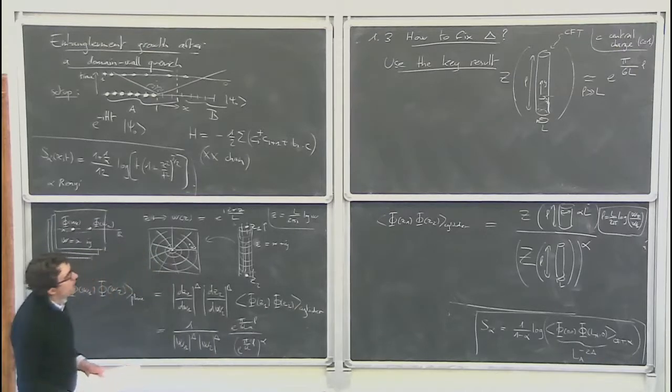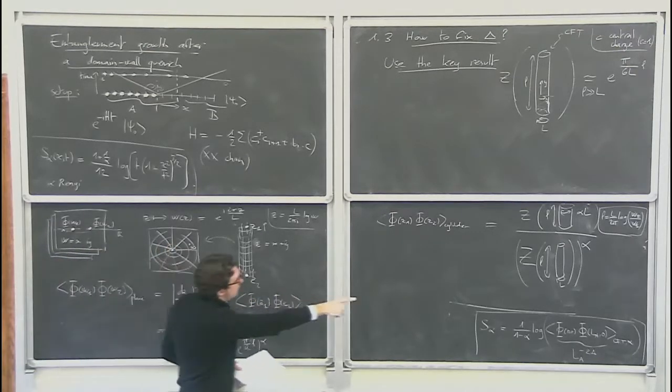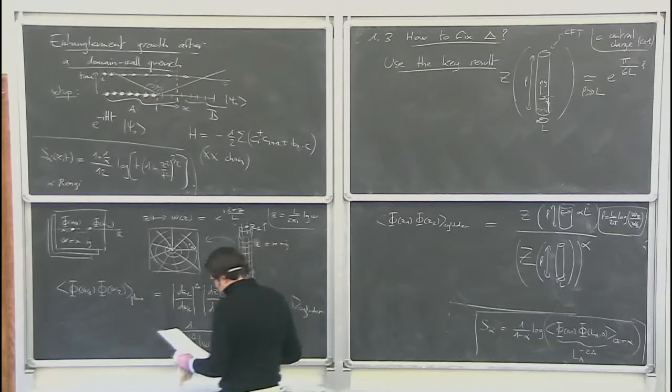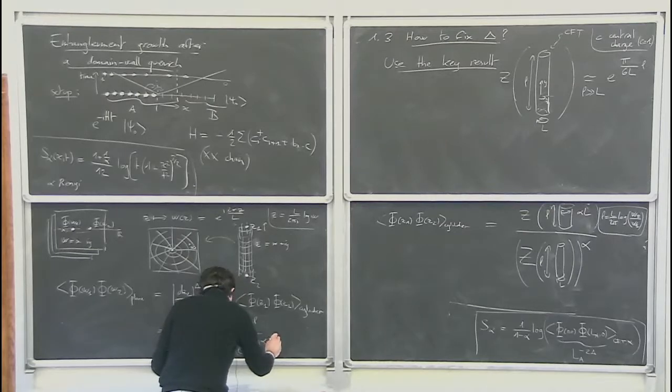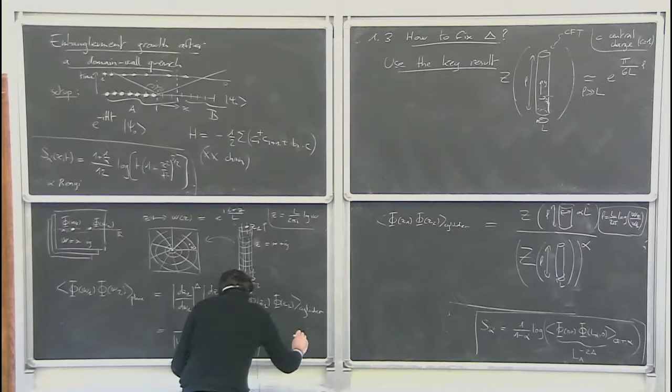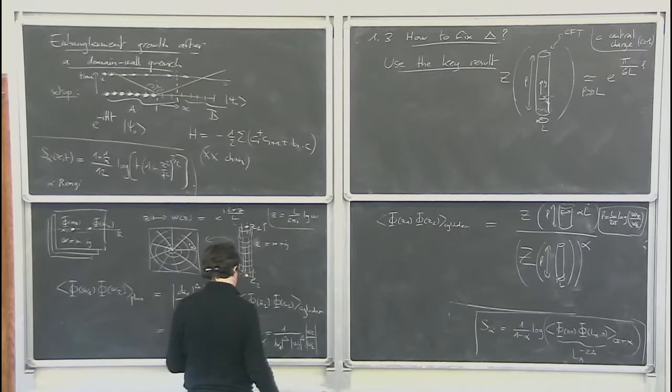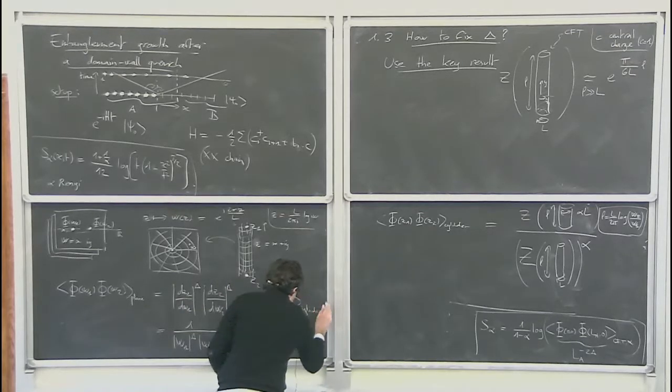Okay, and L is this now, and so in the end I can replace by W1 delta, W2 delta, and here W2 over W1 to the power 1 over 12.